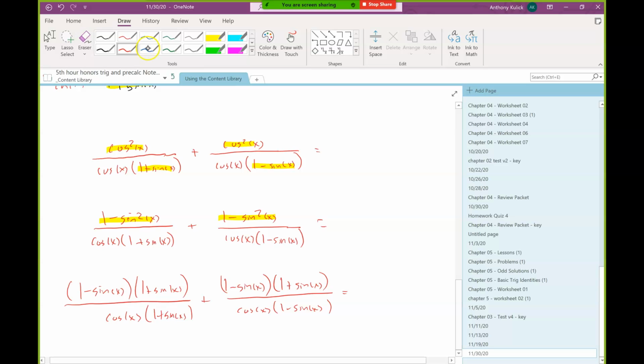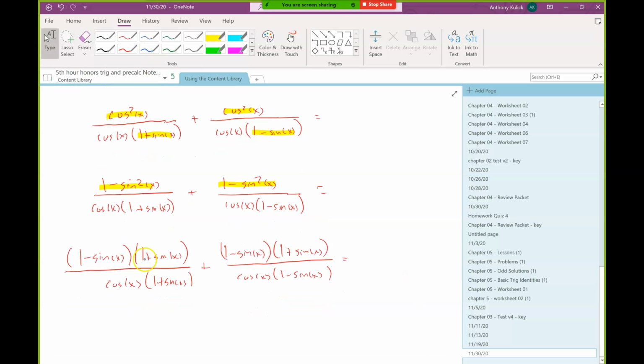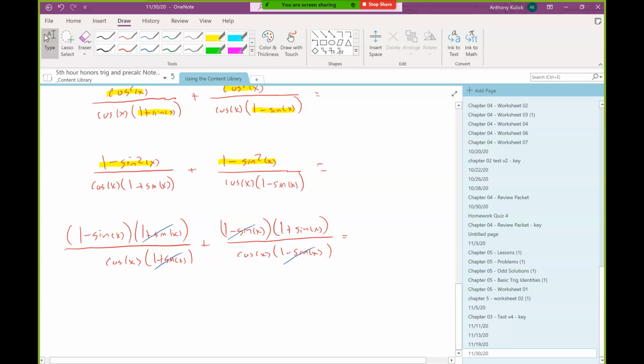Okay, and now we can do some reducing. So those can all reduce out now, which is nice.